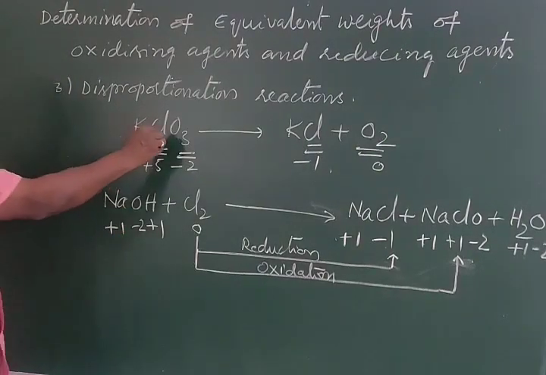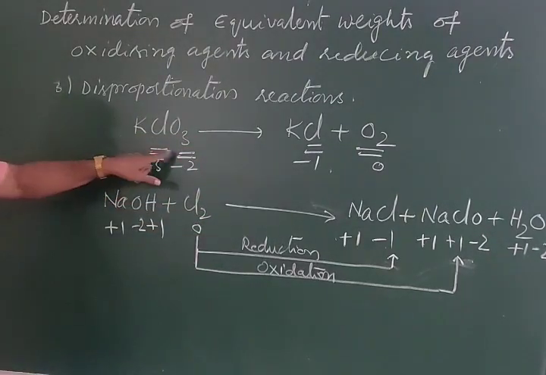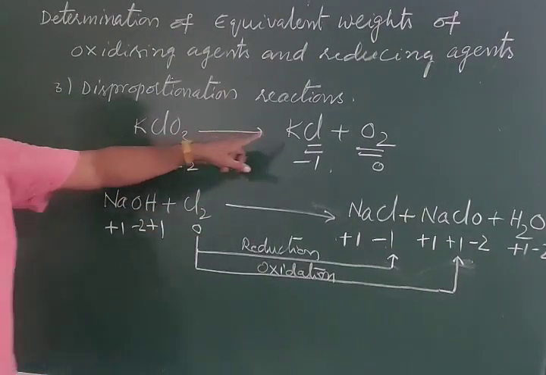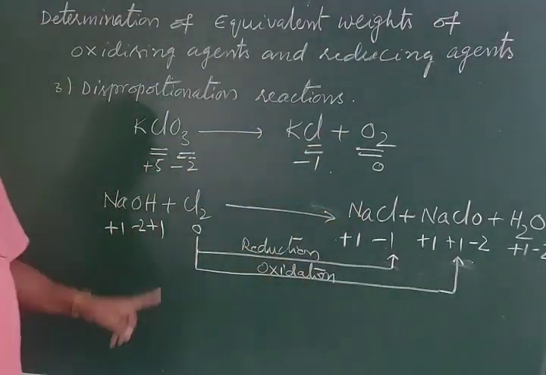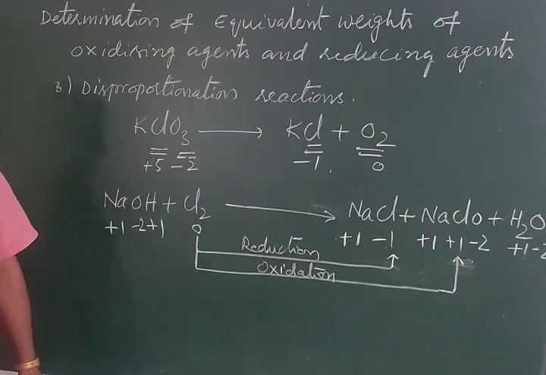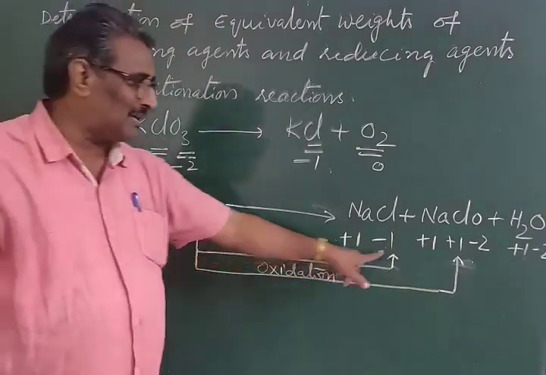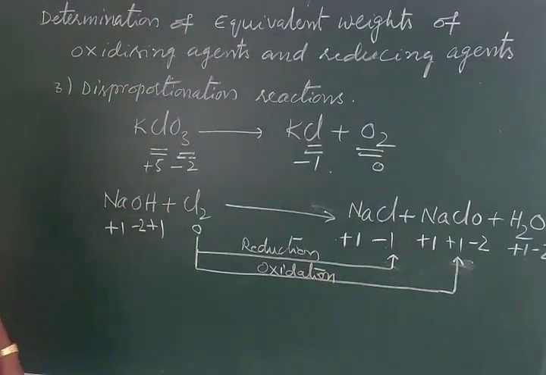Whereas in a normal intramolecular redox reaction, different elements in the same compound undergo oxidation and reduction, here the same element in the same substance undergoes both oxidation and reduction. That means the same element is acting as both oxidizing agent and reducing agent.